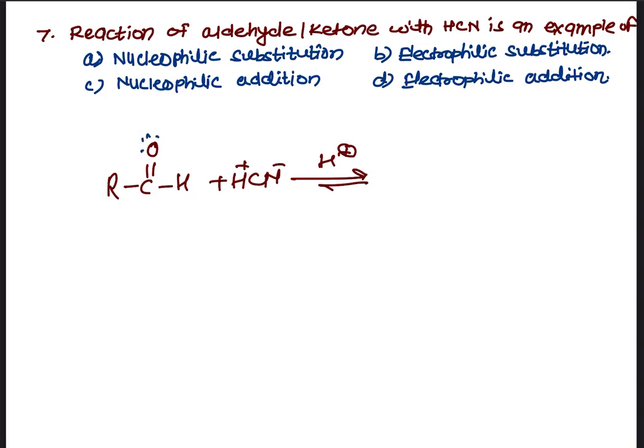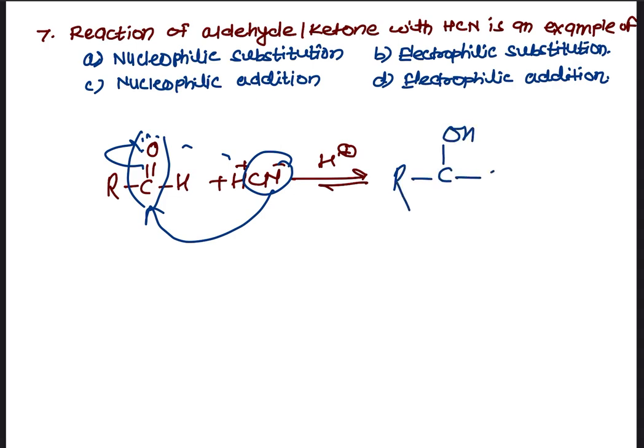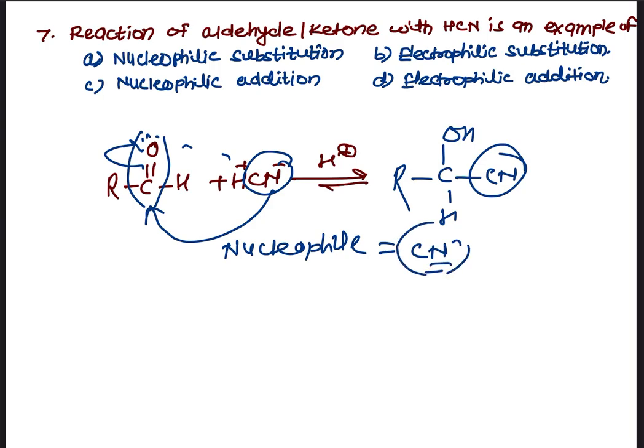We know that this carbonyl group is electron acceptor, so here there is addition of nucleophile to this, and formation of cyanohydrin. Here the nucleophile is CN minus. नucleophile का addition होता है, here carbon oxygen double bond is there, and when a multiple bond is there, it is an addition type reaction.